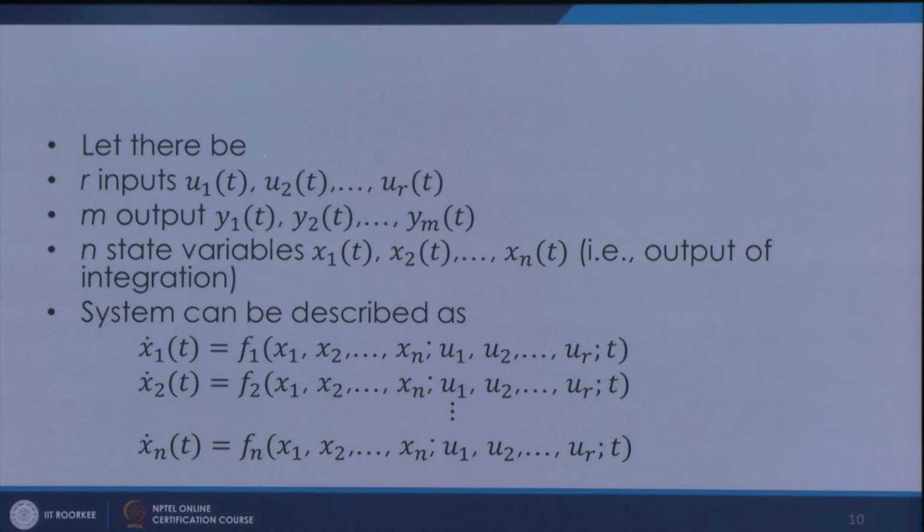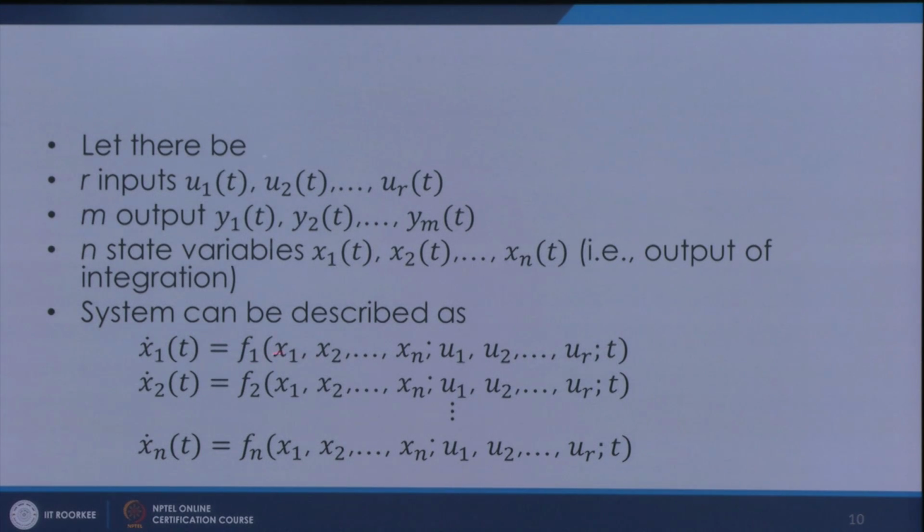So, we can consider the system to be described as x1 dot (t) equal to f1, which is a function of all the states x1, x2, ..., xn, all the inputs u1, u2, ..., ur, and time.